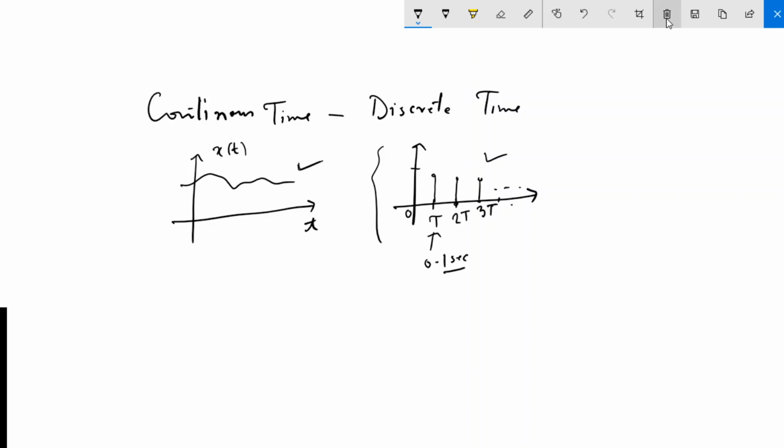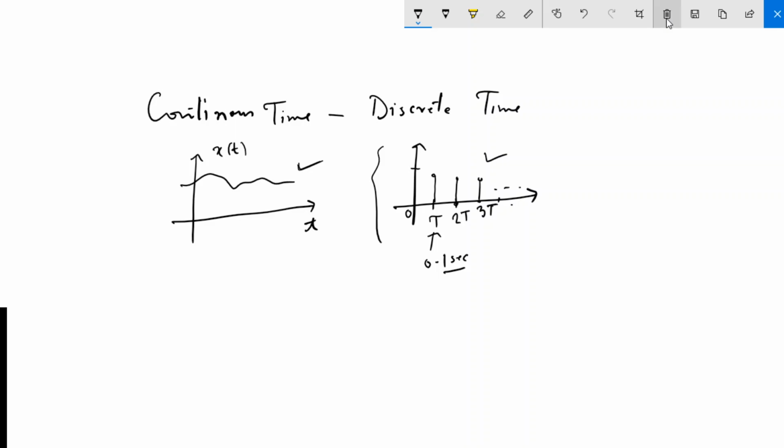But when we use DSP, we process only discrete time, or in fact digital signals. If you process a discrete time signal, you have a discrete time system for that. And if you process a continuous time signal, you have a continuous time system for that.